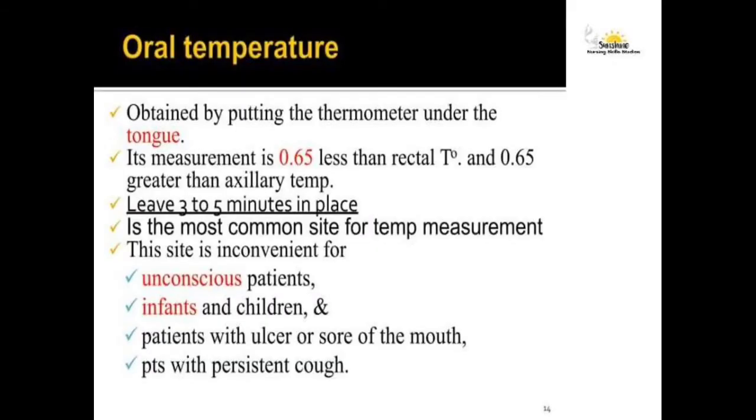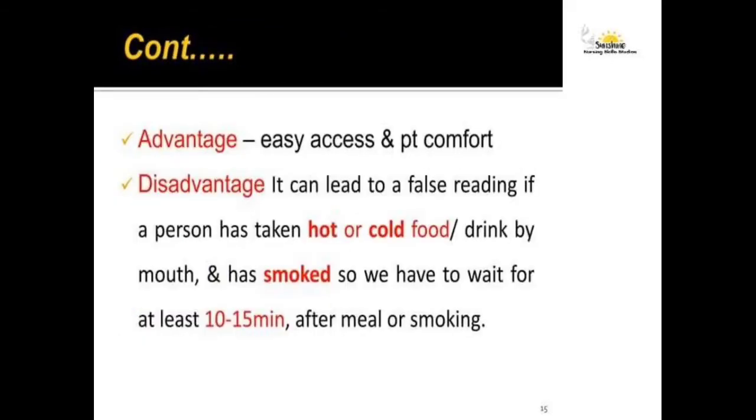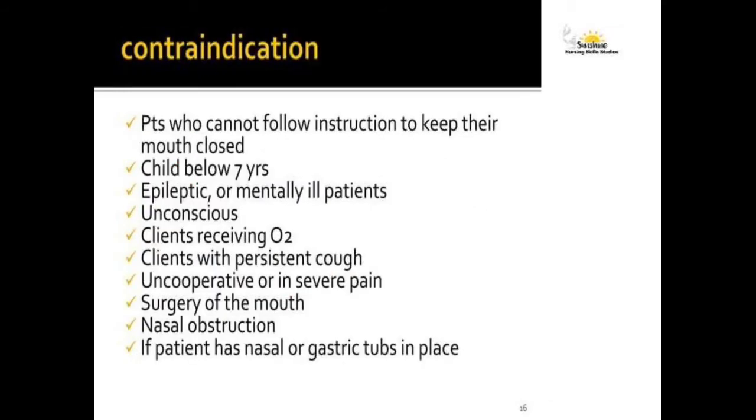Oral temperature is one of the commonest methods to measure the temperature, and it is done by placing the thermometer below the tongue, that is the sublingual region. Measuring the temperature orally is not advisable for patients with the following conditions.